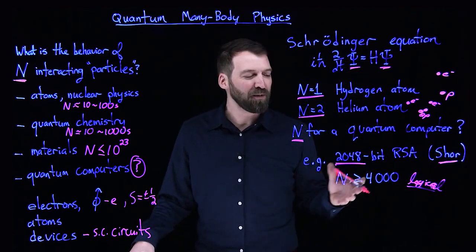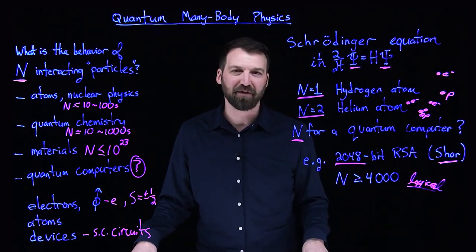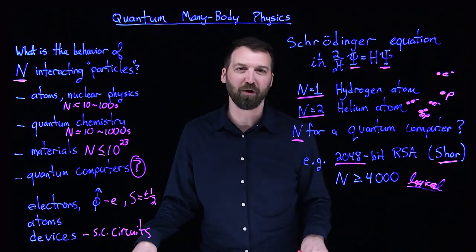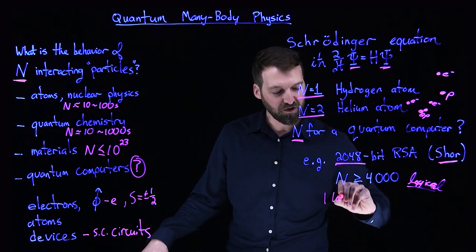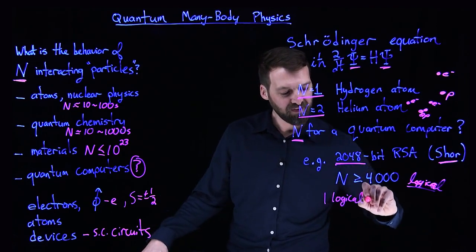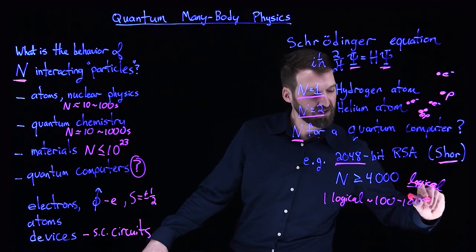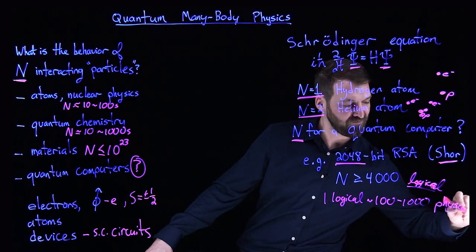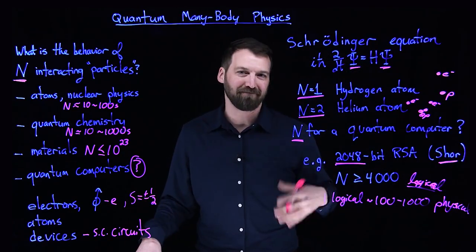What one must understand is that one logical qubit is often made up of several thousands, or in the best case scenario, hundreds of physical qubits. So one logical qubit is, say, 100 to 1,000 physical qubits. This gives us a number of somewhere around 5 million.